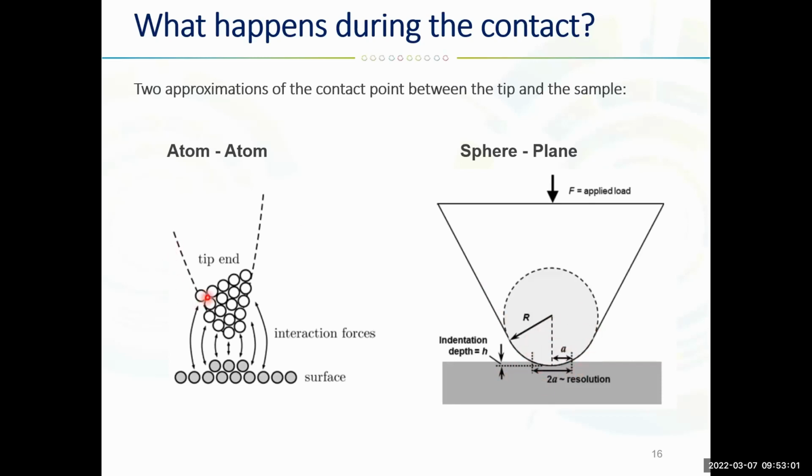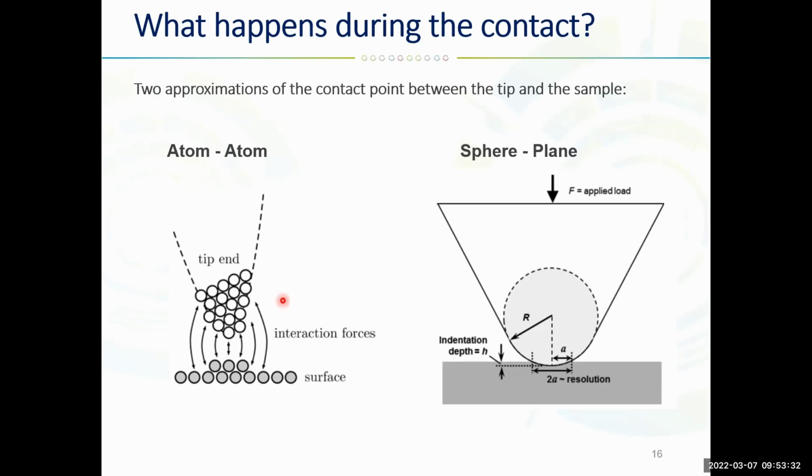This is the atomic approach. In the first choice, you pretend that the tip is made up of atoms and the substrate is also made up of individual atoms. It's kind of correct, but then you have to calculate the interaction forces between the tip atoms and the substrate atoms using a lot of formulas that we talked about in the very first lecture.